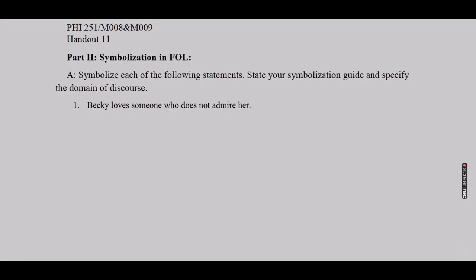Here we have Becky loves someone who does not admire her. So the first thing to notice is that we're dealing with the quantifier some. So we are going to use the existential quantifier. And since we're talking about someone, we're going to use the domain of people.